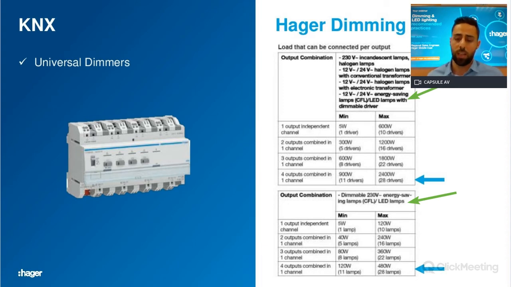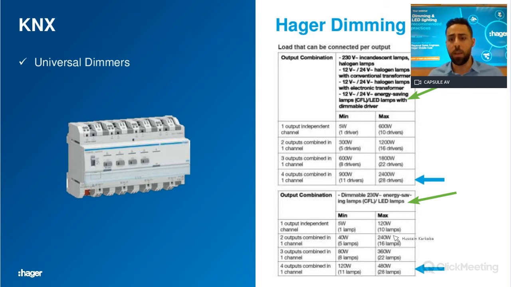Of course, LED has a very high inrush current, and there is no installation that will have a 2400 watt LED. So what do we look at? We look at the number of drivers. We shall not exceed 28 drivers to have the correct performance. Of course, this is not to say that if you put 29 or 30, your dimmer will not work, but this is the recommendation. So it's basically the call of the system installer or the system integrator.